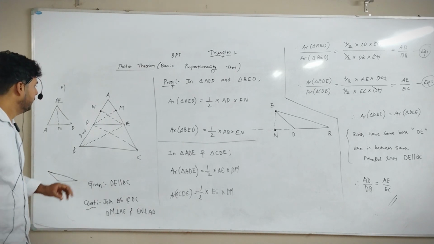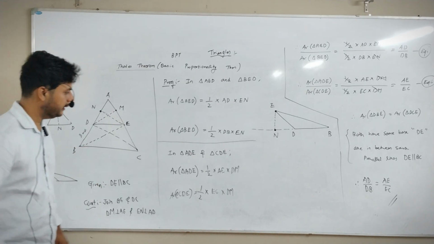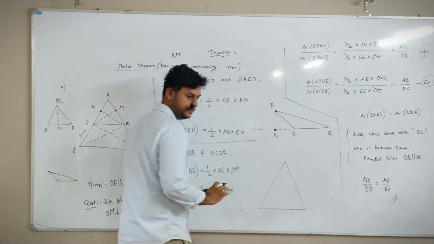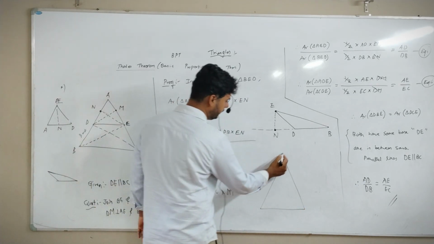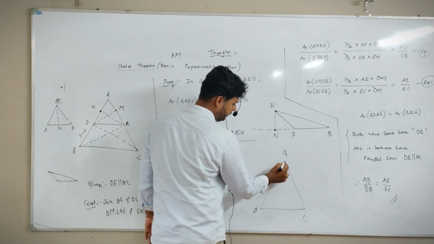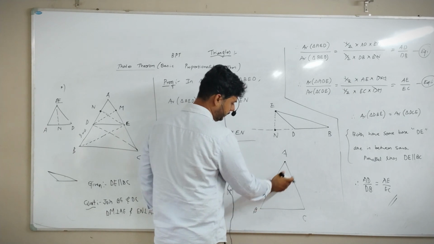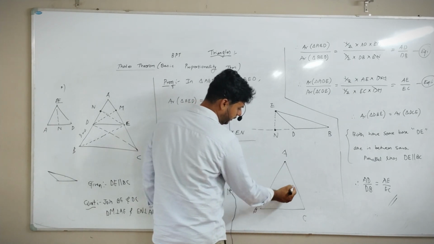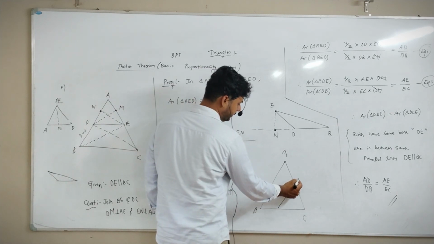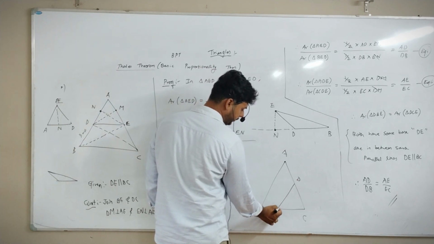First, what we are trying to prove is, if I take any triangle, I will name it as ABC. This time, I've drawn a line parallel to AB. I will name it as DM.